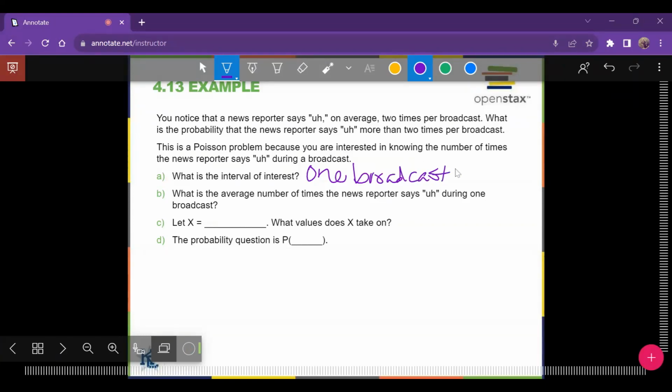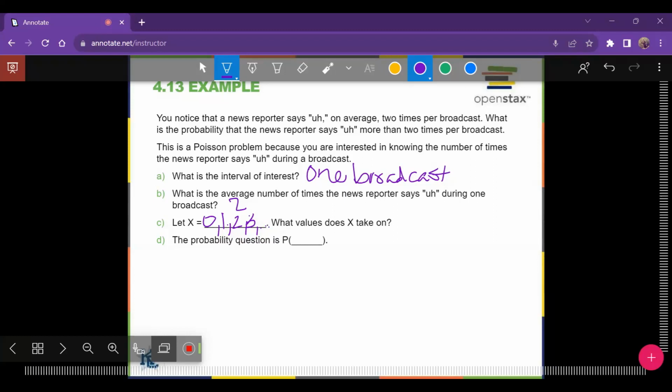When it says, what is the average number of times the news reporter says during one broadcast, that's 2. So X can be values anywhere from 0, she could not say at all, 1, 2, 3, and pretty much so on. The probability question that's being posed here is the probability that it is greater than 2.